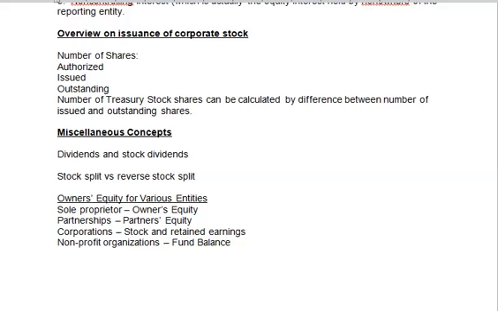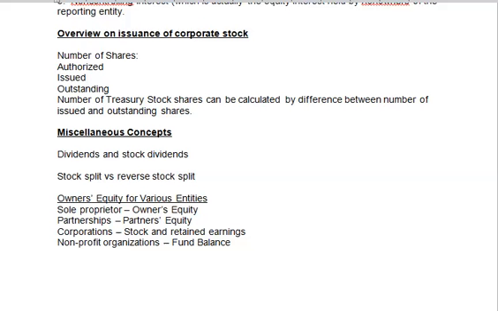The difference between the number of issued shares and the ones that are outstanding, that 400,000 share difference, is treasury stock. That means this corporation has bought those shares back and they haven't been canceled. So the corporation still has those 400,000 shares that they can resell, hopefully at a gain.